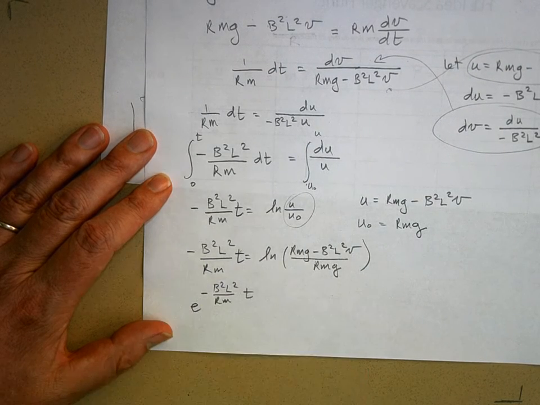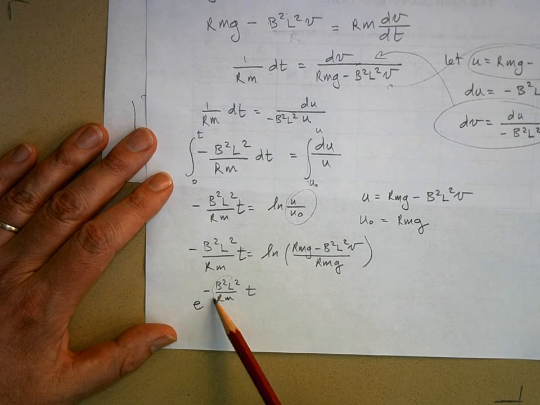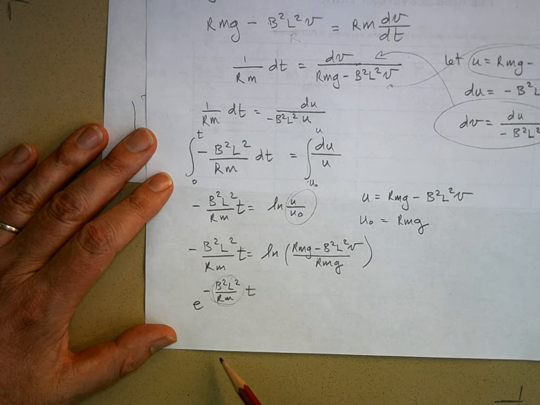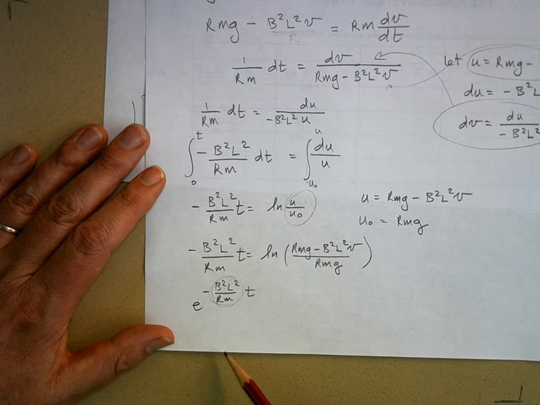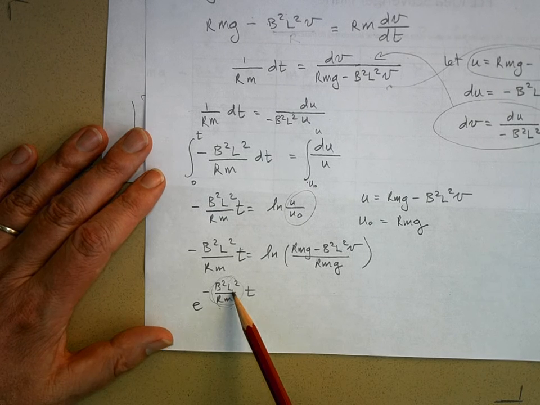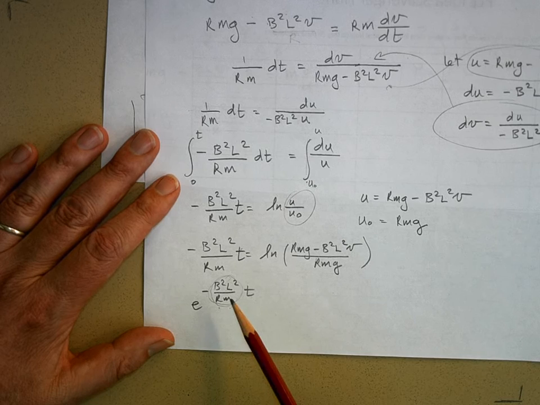Now, by the way, I bet you, if I did this right, rm over b squared L squared better come out to be units of time, because rm over b squared L squared is tau, right, when we talk about exponential functions.